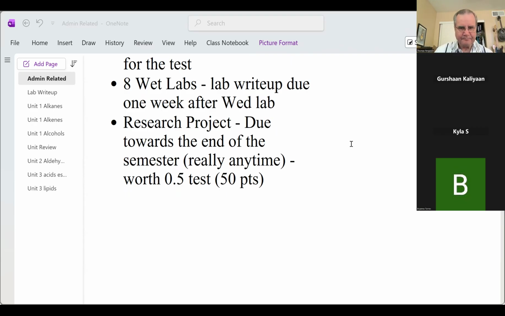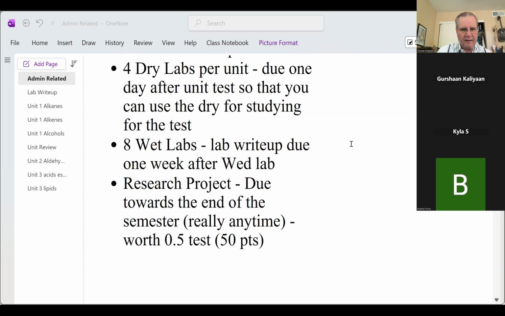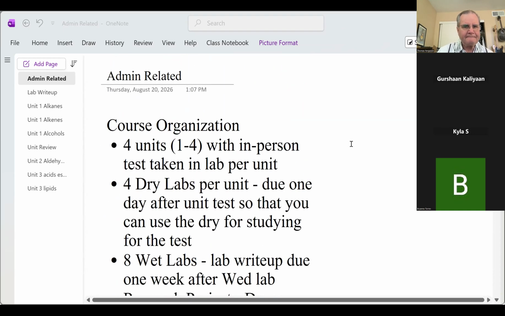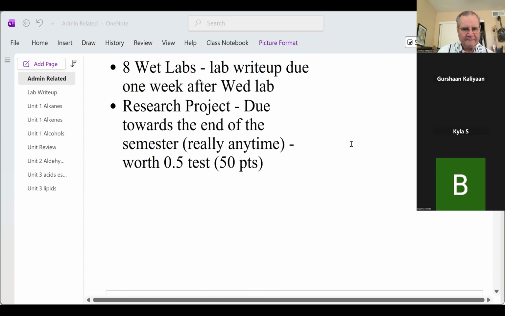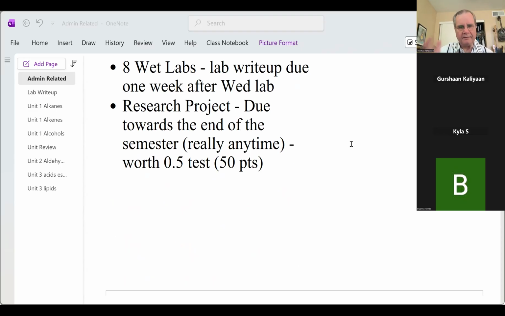Over the summer, I had some really outstanding posters. I'm really impressed with the quality of the work that my summer crew put together. Anyway, you're going to have the same research project. It will need to involve organic or biochemistry, though, whereas in 305, it lets you do non-organic.